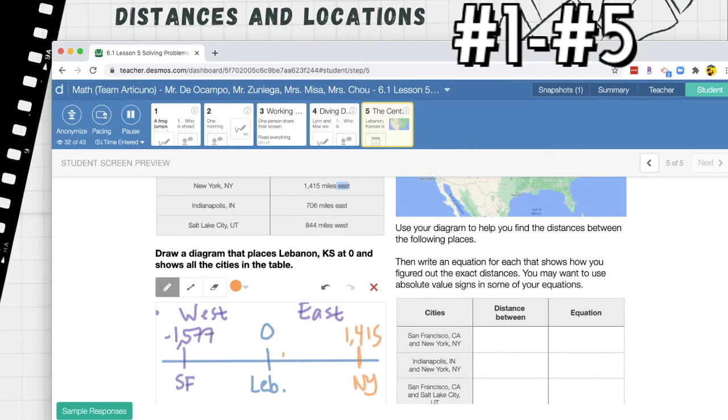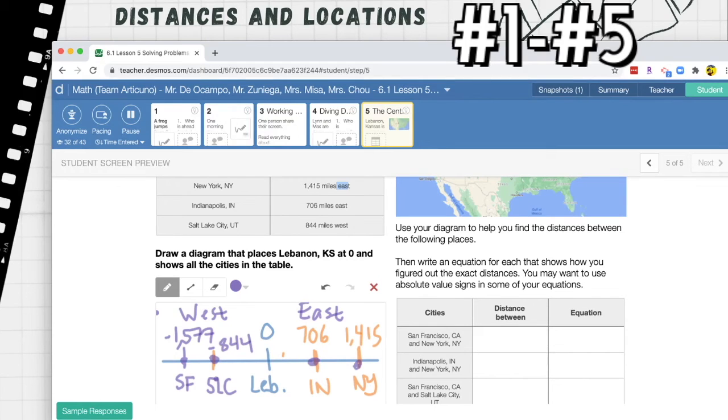So Indianapolis would be somewhere around here. And then Salt Lake City, 844 miles west. Again, we're talking about west, so are we talking about negative or positive? Seems like negative to me, so negative 844.